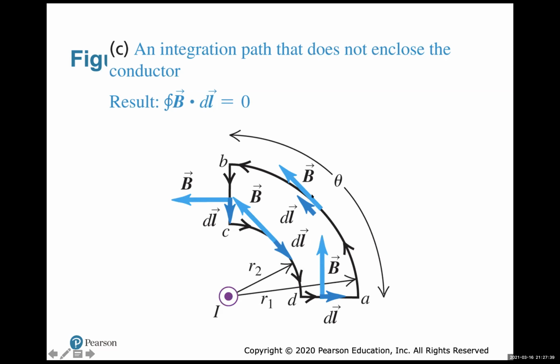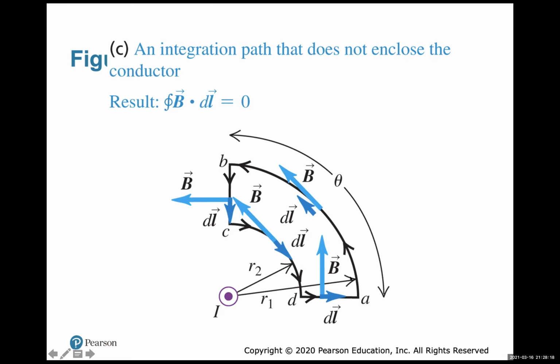The outer path from A to B, we are walking dl in the same direction as the magnetic field. So we're going to get a positive dot product. The field is mu0 I over 2 pi r. The particular radius we're talking about is r1.